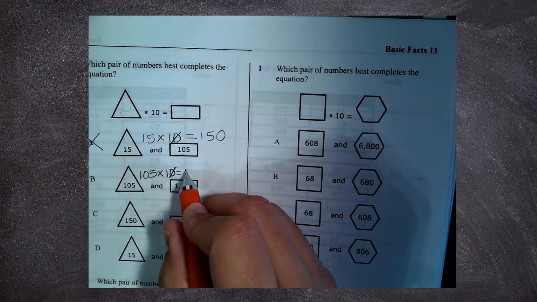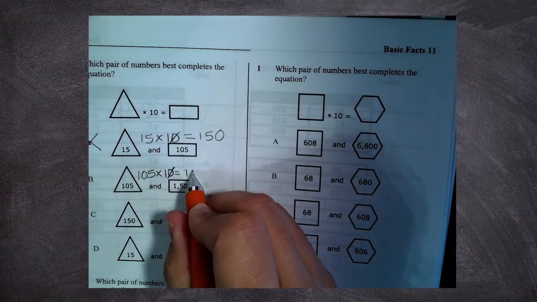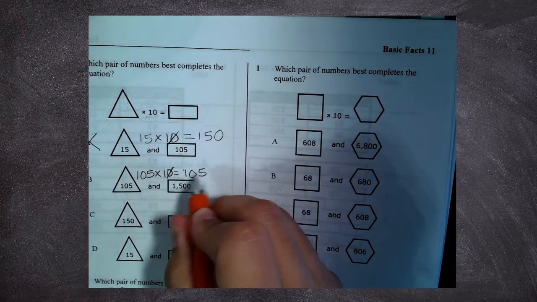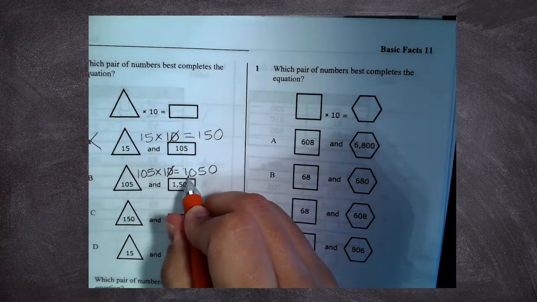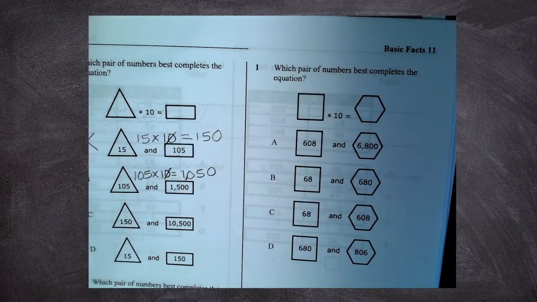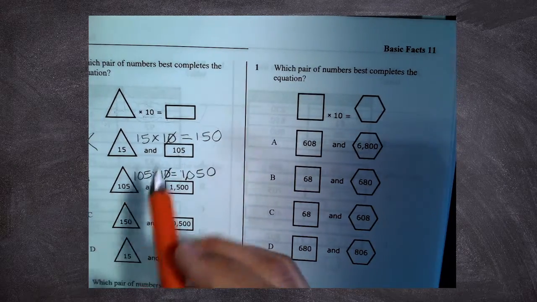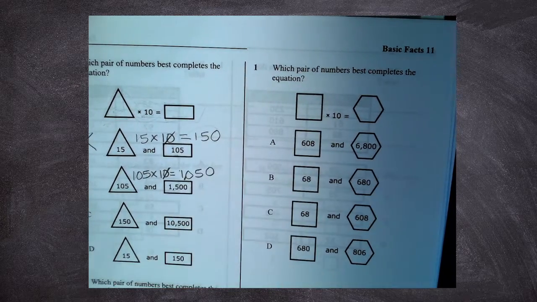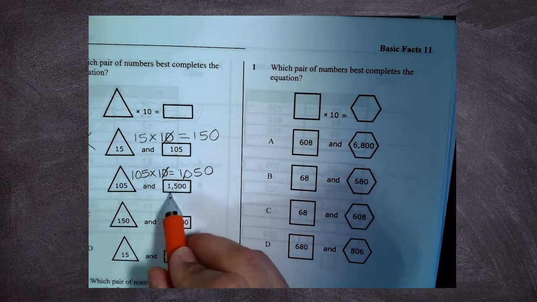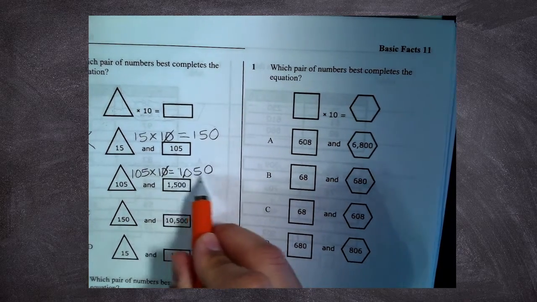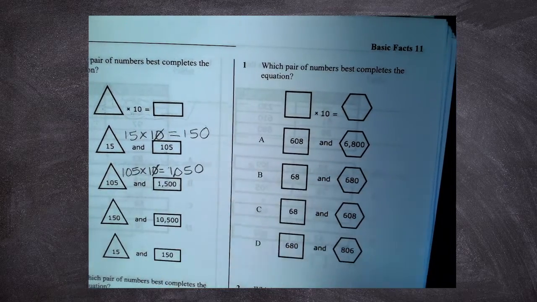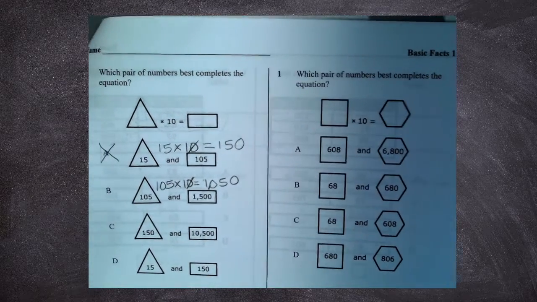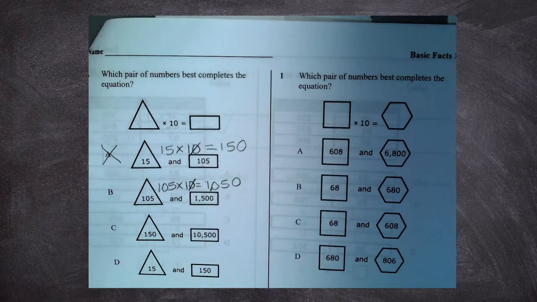Okay, so 105 times 1 would give me 105, but when I put that 0 back, you're right, I'd get 1,050. Is that the number they want to put as my answer? So this is the same as this? No, those numbers don't match. So I can't put those either.